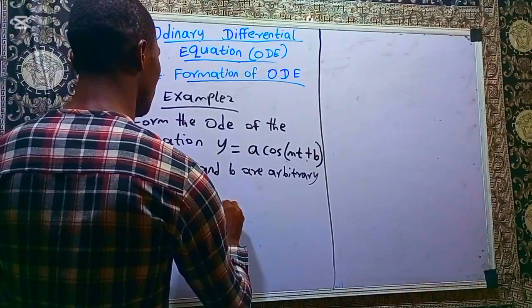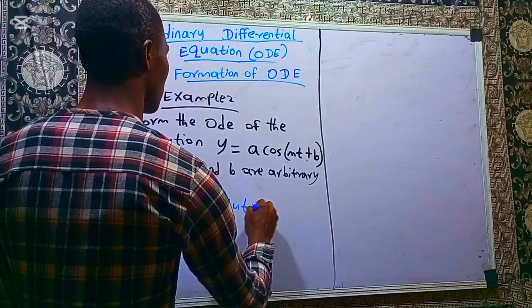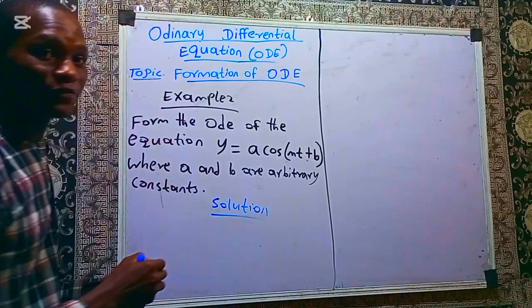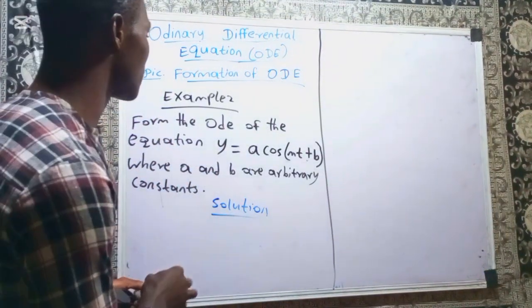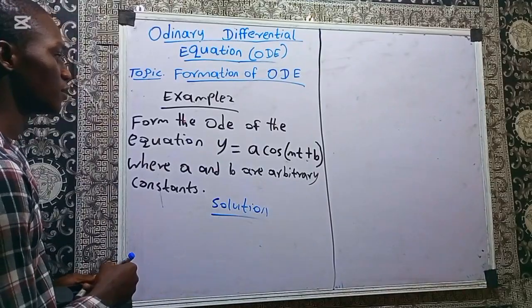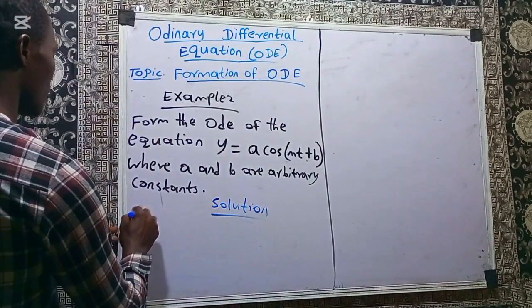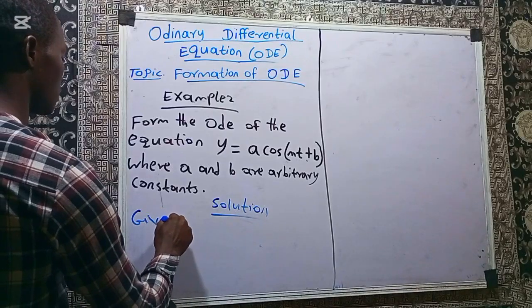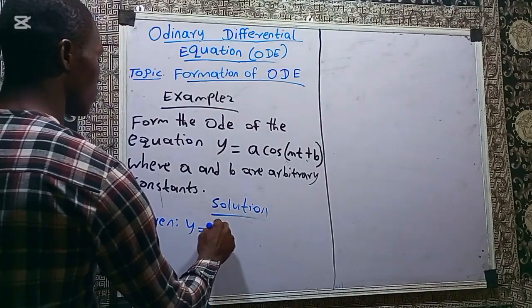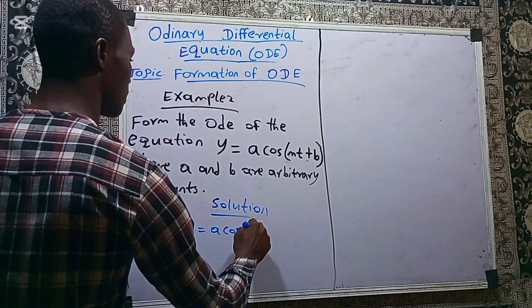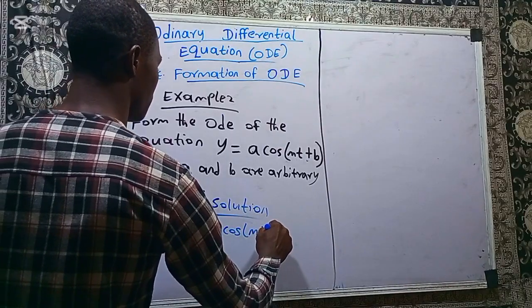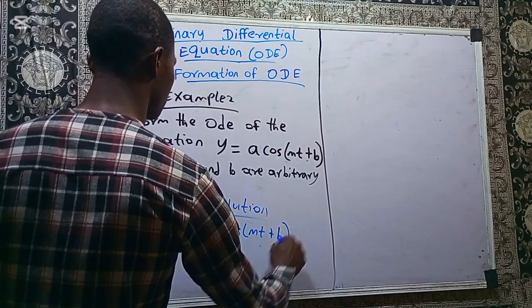So we are going to differentiate this to form the ODE. I've written it down before, and I explained it. You have to differentiate up to the number of arbitrary constants you have. So we are given that y equals a cosine of mt plus b.